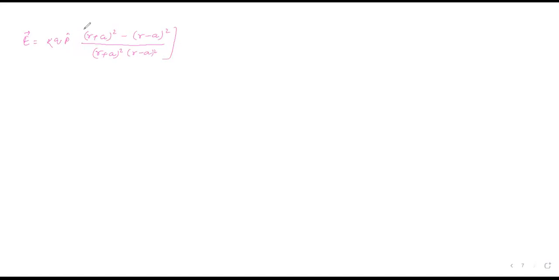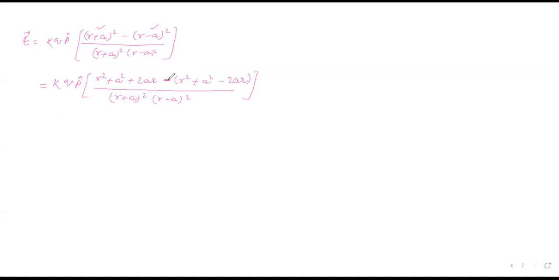And now expand these two terms first. After expanding these two terms, we get r square a square plus 2ar minus r square a square minus 2ar, right? Over (r plus a) square (r minus a) square.